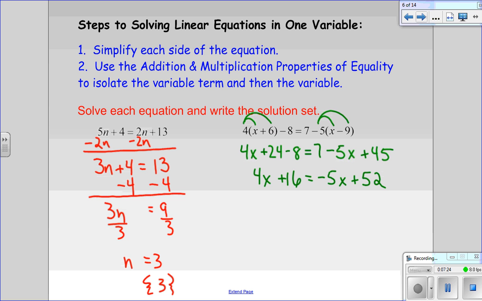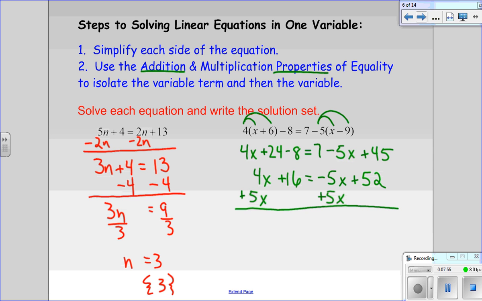Once more, we see we have our two variable terms on opposite sides of our equation, 4x and negative 5x. I want to combine these like terms, but I must again use the addition property to do so. I'm going to choose to add 5x on both sides of the equation. Although note, you could, in theory, subtract 4x from both sides and still result in the same answer.